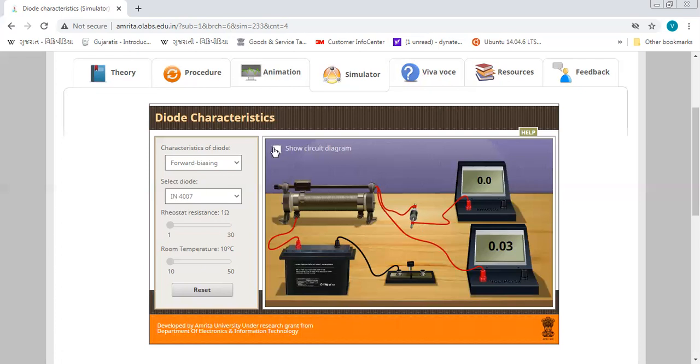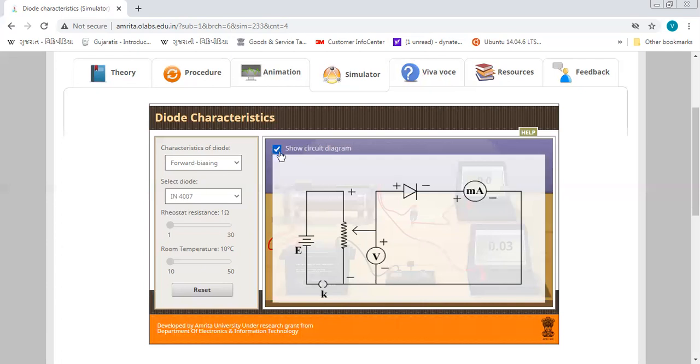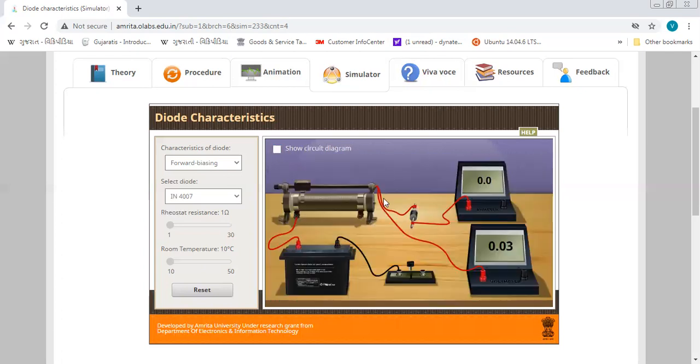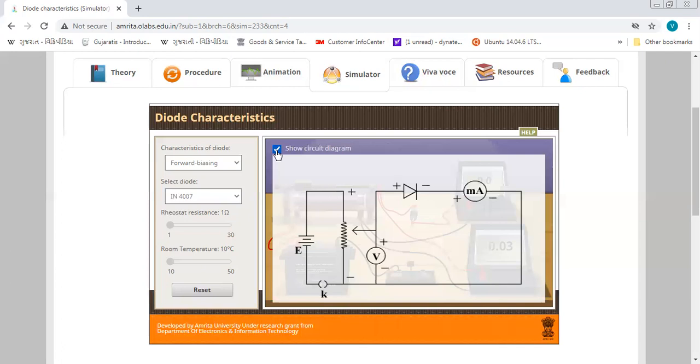Now as you can see here in the circuit diagram, the negative terminal of the ammeter is also connected to the rheostat, and the negative terminal of the voltmeter is also connected to the rheostat. So we will connect that. Now only this switch is remaining, which is also connected to the negative terminal of the rheostat. So we connect it.